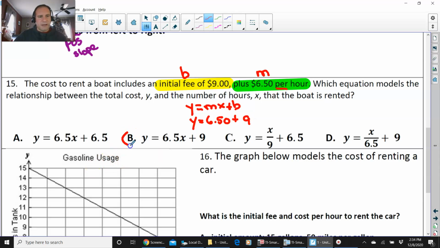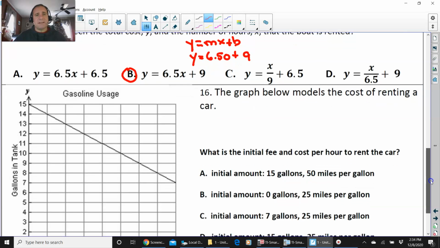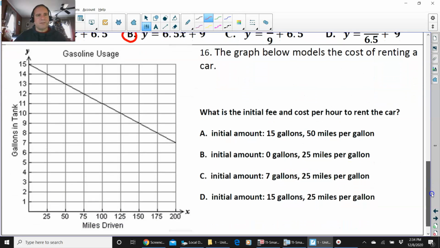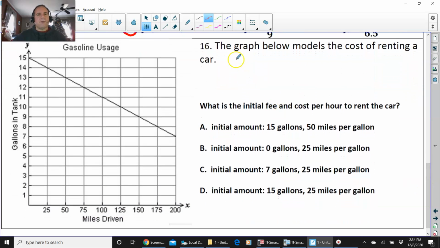So B is your answer. Okay, and it's not 6.5, it should be 6.50 there, because we're talking about money, and money's rounded to the nearest hundredth. Right, 100 pennies in a dollar, that's why.